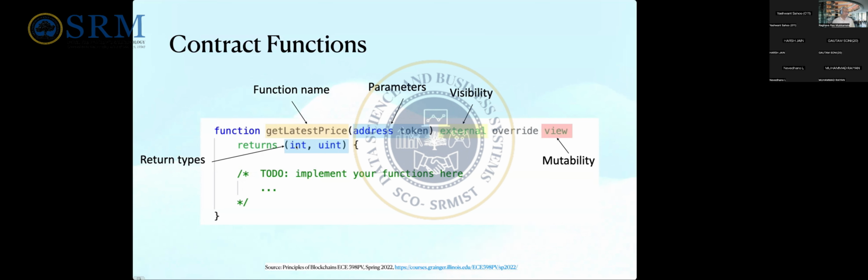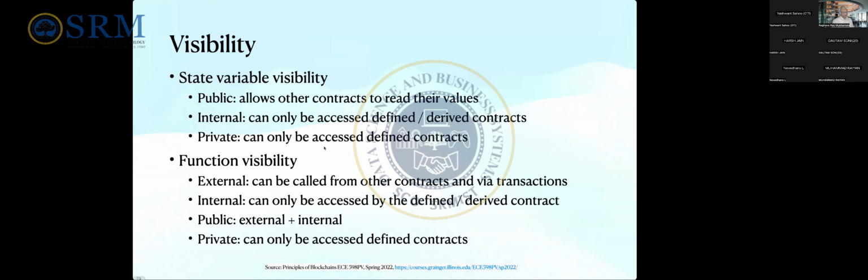So you also need to specifically say what the return types are. In this case, you are returning two variables. You can return more than one value. The way to return more than one value is to use a tuple kind of thing. You put the braces, then it will create it. So it returns one integer and one unsigned integer, right?